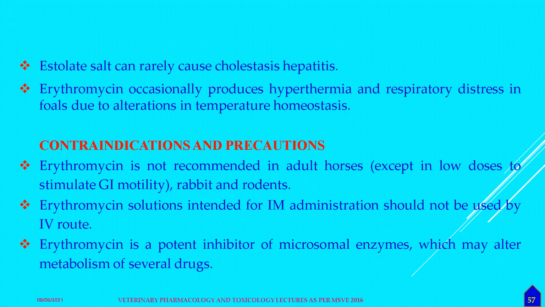And erythromycin solutions which are intended for IM administration should never be given by the IV route. There will be sudden collapse. So we have to follow the manufacturer's guidelines written on each vial on how the drug needs to be used. That's how we need to check the leaflet and other things for the use.